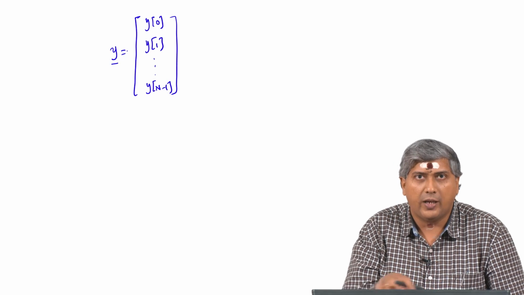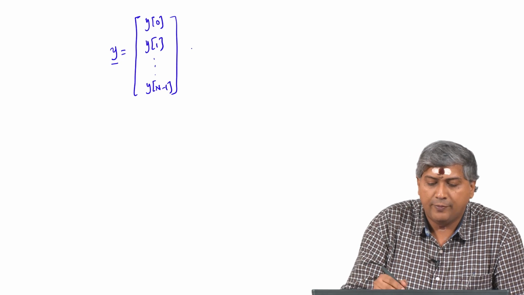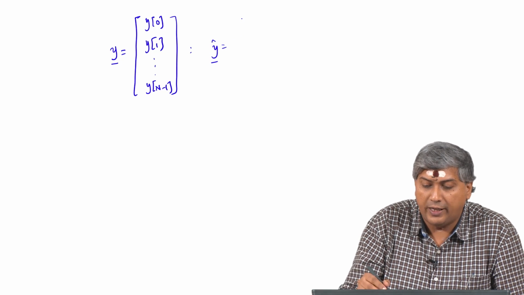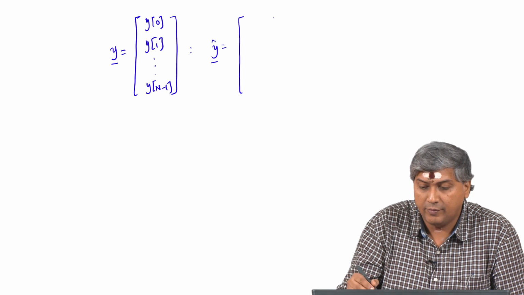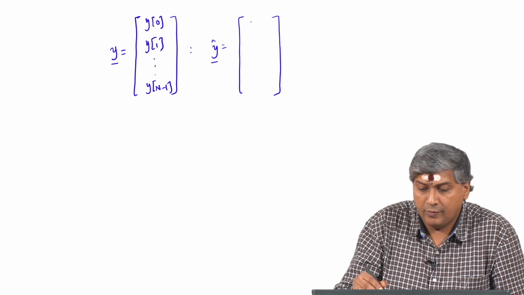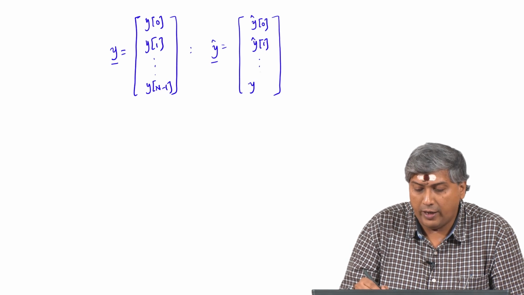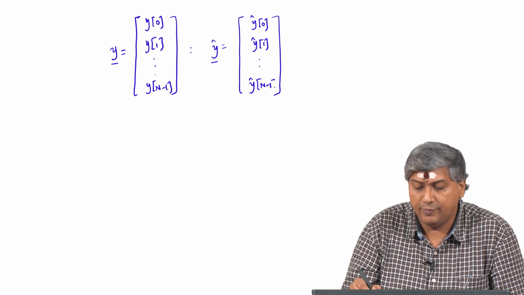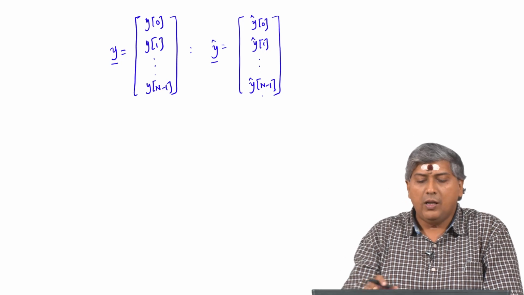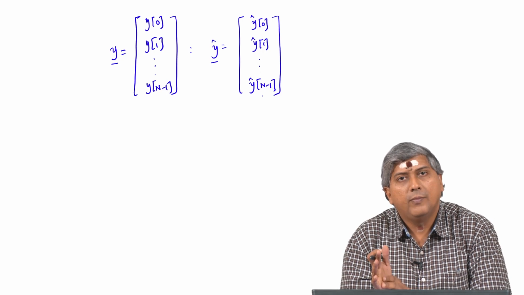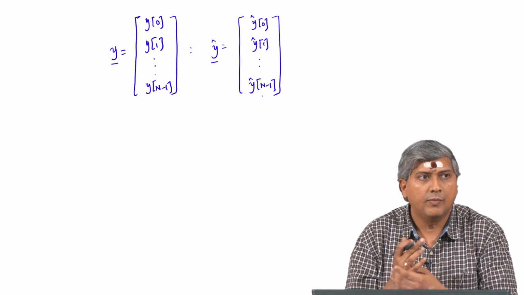In the slides we have a boldface notation for that. And then we have a vector of approximations or predictions, y hat of 0, y hat of 1 up to y hat of n minus 1. Now, we can build the approximation in many different ways.